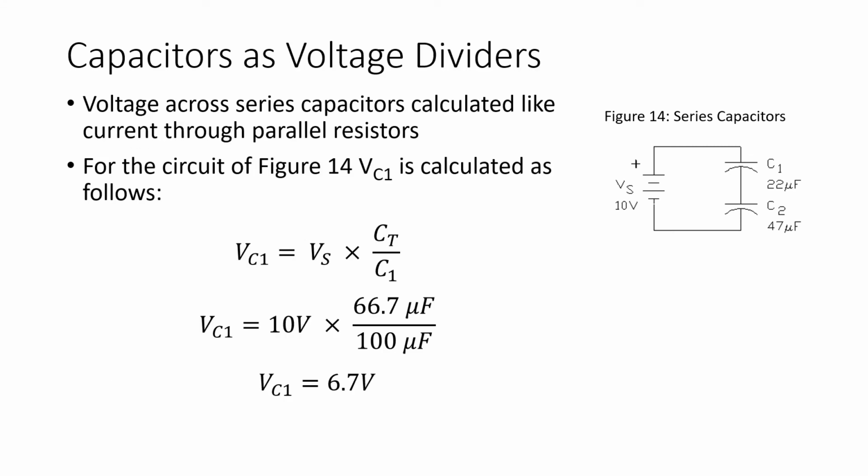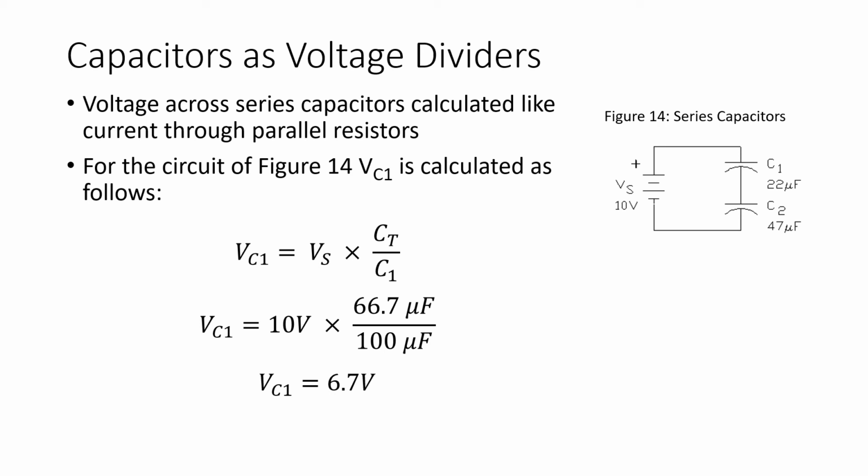Now, looking at the circuit of figure 14, we can calculate the voltage across one or both of these series capacitors. But we have to calculate it in the same manner as we calculated current through parallel resistors. So for the circuit of figure 14, we can calculate the voltage across C1 using the formula given. VC1 equals V source times C total over C1.